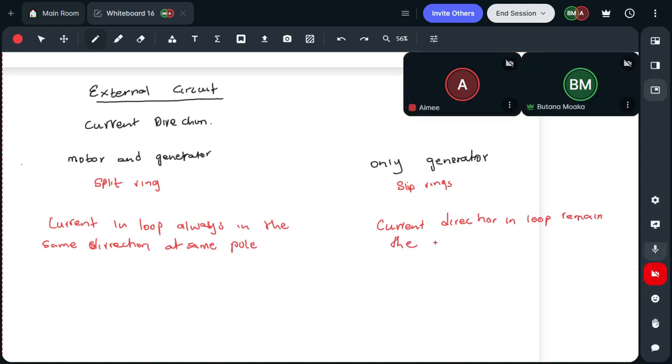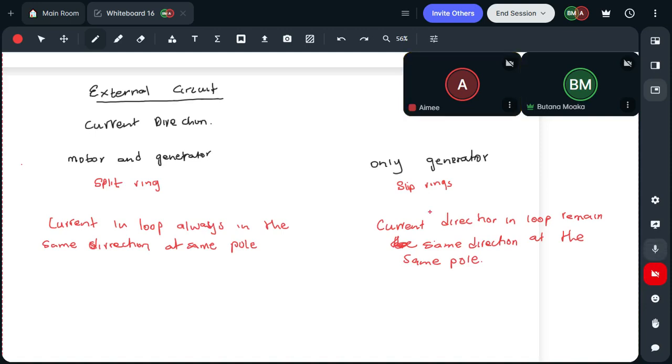It will remain the same direction at the same pole. So the current between motor and generator will always be in the same direction at the same pole, and same when it is only generator, the current direction in the loop will remain in the same direction at the same pole.